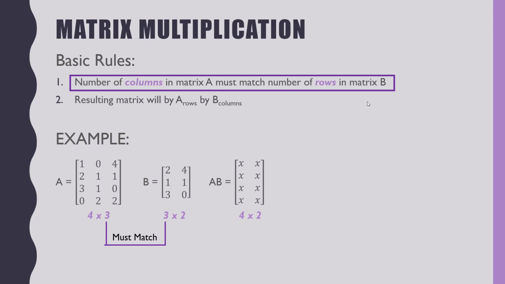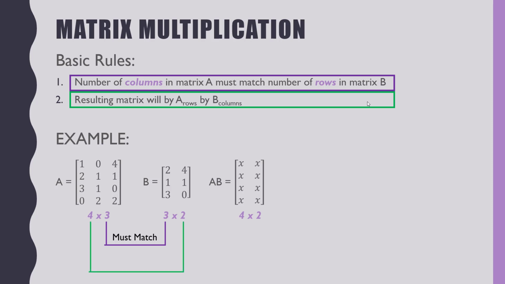The second rule here, the resulting matrix will be A's number of rows by B's number of columns. Those outer two numbers will be the actual size of the final matrix, okay? So that's a way to visualize that and make sure you can see, just by looking at two matrices next to each other, whether they're going to work out or not.